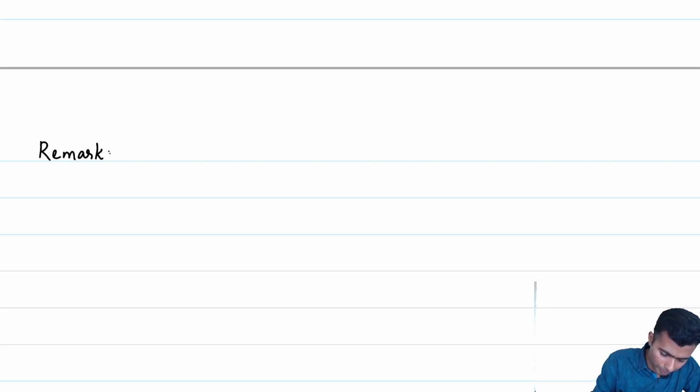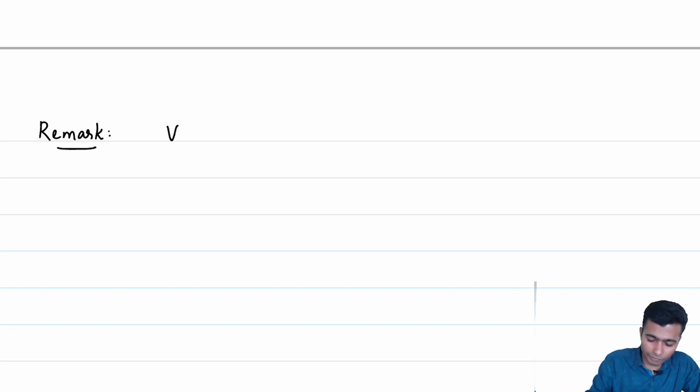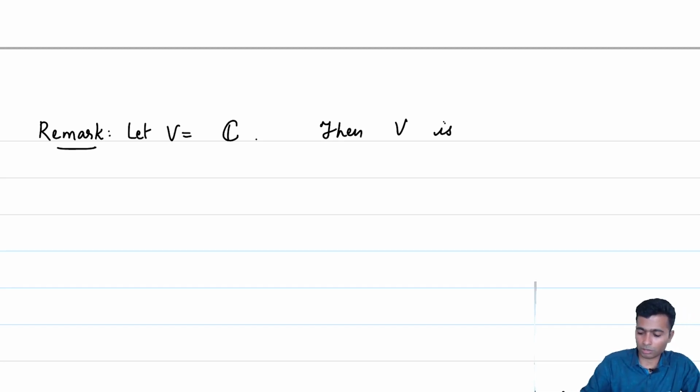All right, so let me stop by making a remark, an observation here. If you consider V to be the set of complex numbers, then V is a vector space over C, as has already been noted.